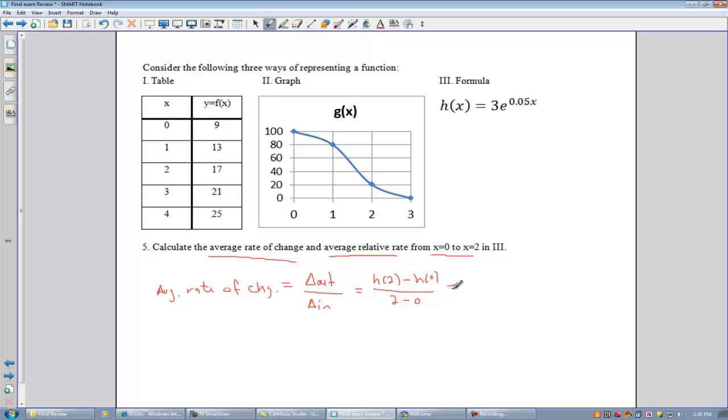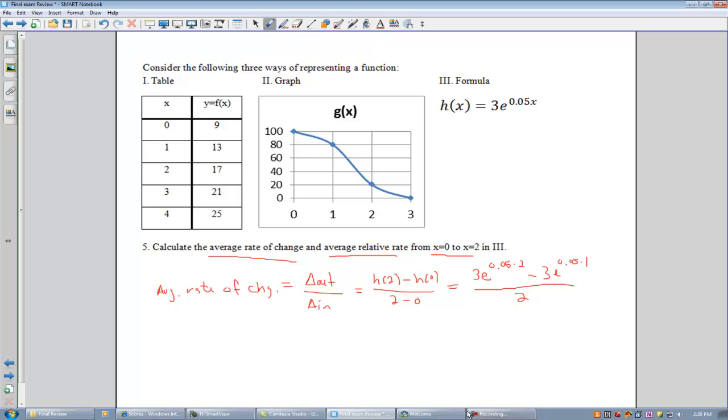And so this one is going to be equal to, so I plug in 2 for x, I get 3e to the 0.05 times 2, minus 3e to the 0.05 times 0, all divided by the number 2.